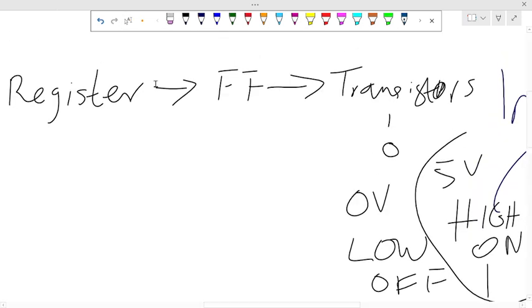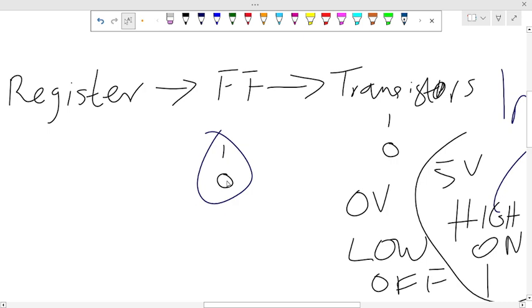Okay, so a transistor will give us either a 1 or a 0, and flip-flops are made up of transistors. So just take this idea of 1 and 0, put it in flip-flops. This is one flip-flop. One flip-flop can be either a 1 or a 0.